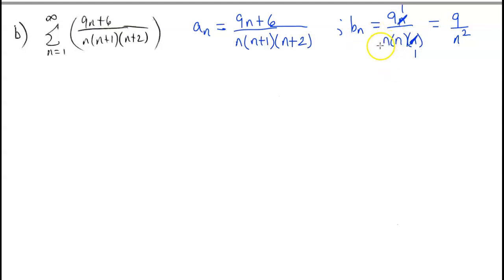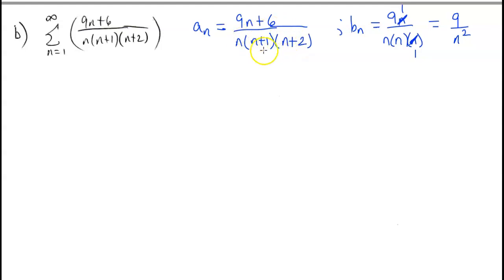Okay. So if we look at this, we know that because we have the +1 here and the +2 there, the denominator for n cubed is going to be smaller than the denominator for n times n plus 1 times n plus 2.